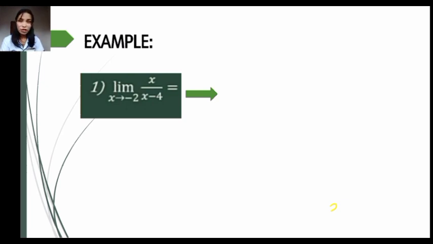By definition, we first have to check if our denominator, the g of x, will be equal to 0 or not. To check that, we use the value of our x and substitute it into the function.